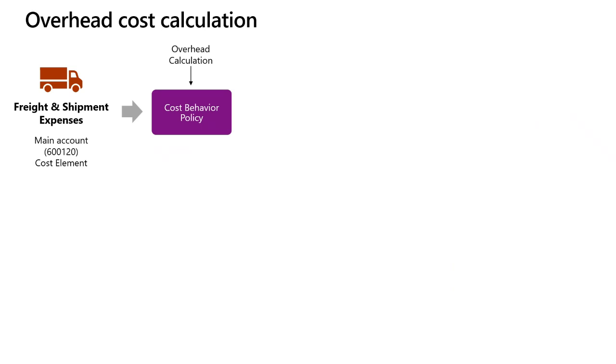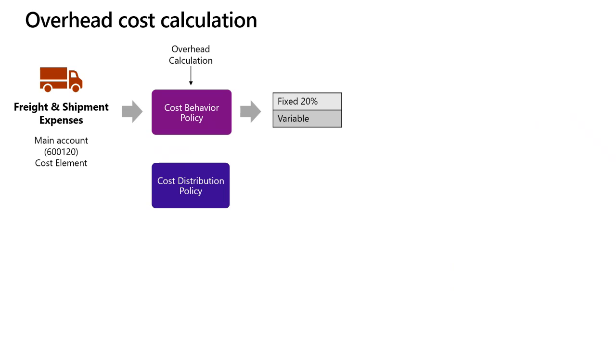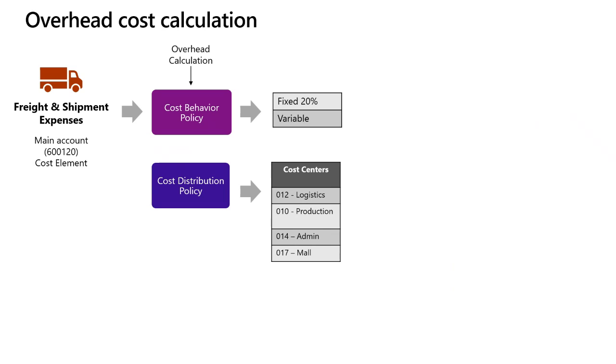We will first apply the cost behavior policy, which will distribute the cost into fixed and variable. As part of this classification, 20% of the cost will be classified as fixed and the rest will be variable. Then we will apply the distribution policy, which will distribute the cost within the different cost centers that are consuming freight and shipment services.